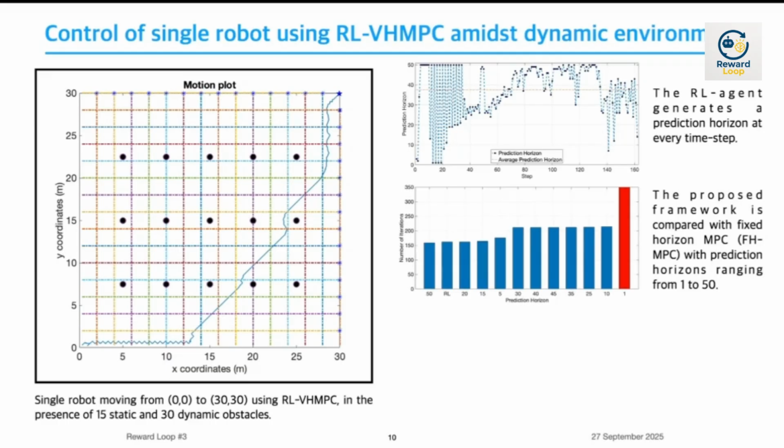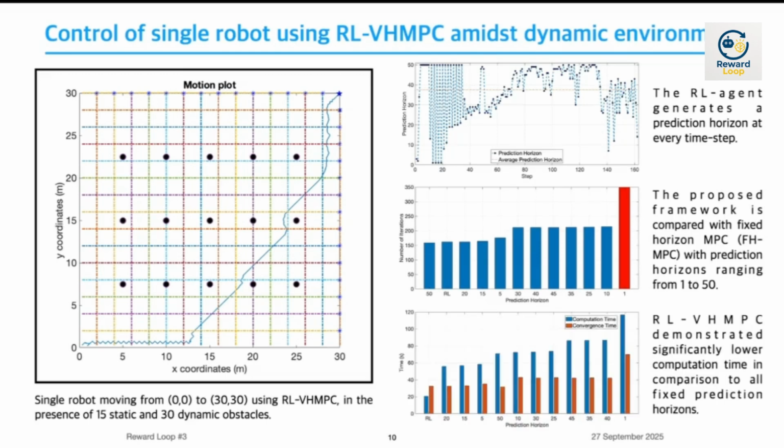So in this particular case, I compared it with fixed horizon MPC. Here we see fixed horizon value of 1 could not solve the task, hence it is colored red. Then we see the number of iterations: 50 was the fastest, and RL was the second fastest, close to 50. But if you see the computation time, the blue bars, RL is almost 3 times faster than fixed horizon 50.